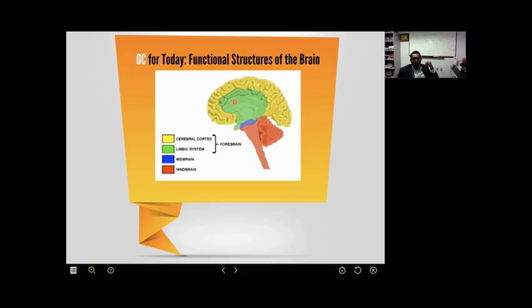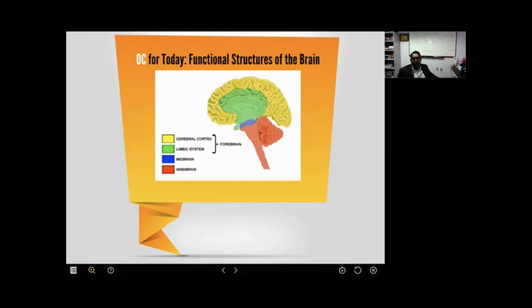You can imagine your head here, and this almost looks like your head. There's a front part of it, like the forehead, there's a back part of it, and this is underneath, just above your neck. Of course, just above the neck in the skull. So that's the structure of the brain.